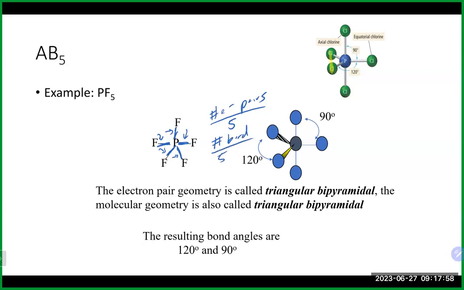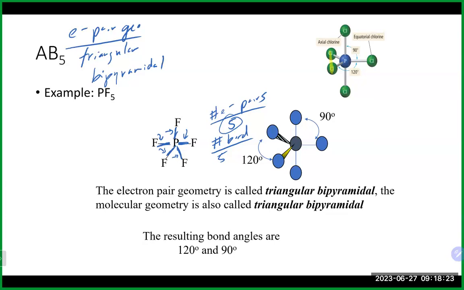And again, phosphorus, which is right next door to sulfur, has the ability to do that, as we talked about earlier, with the d orbitals available to them. Something with 5 electron pairs has an electron pair geometry of triangular bipyramidal. Something with 5 electron pairs and 5 bonds.